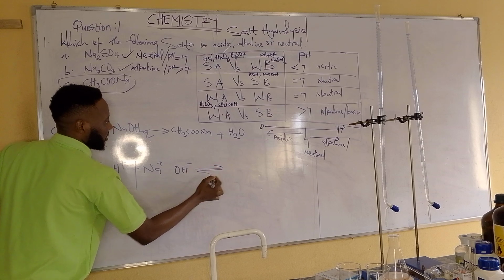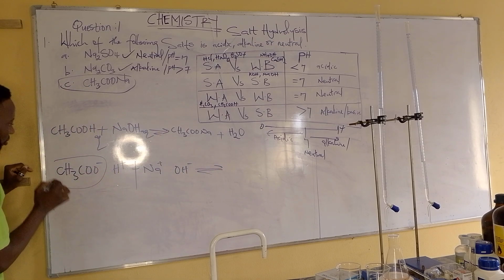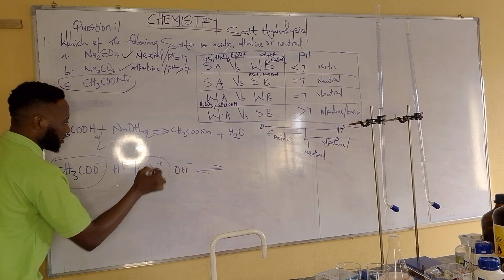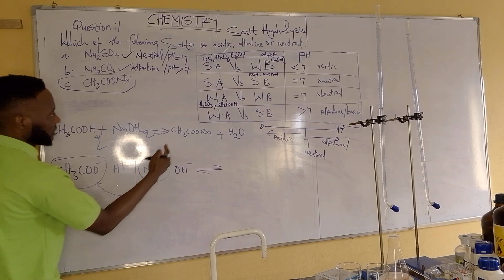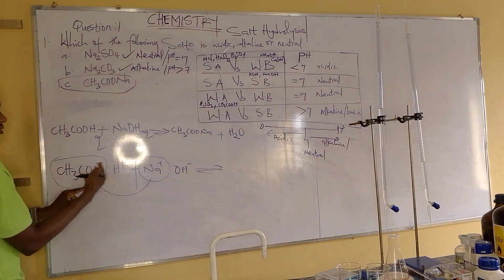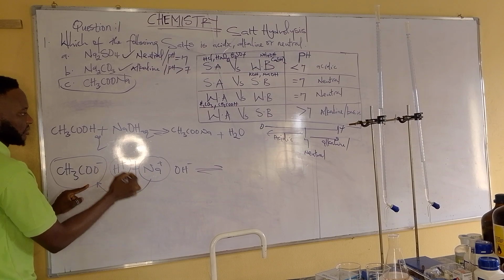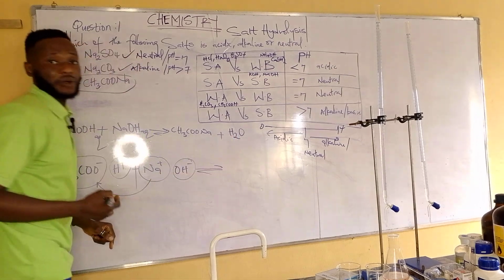The reaction is actually a reversible reaction. Then you see this CH3COO minus, it will pick the Na plus, unlike charges attract. The H and OH will give us H2O. That is how I got the equation.